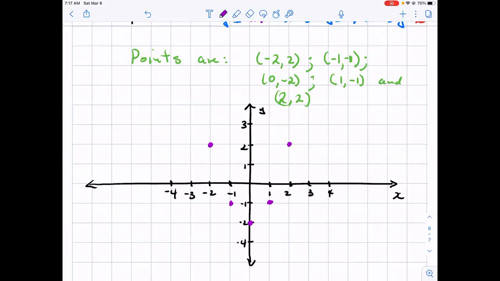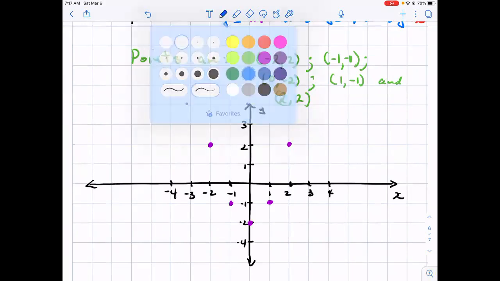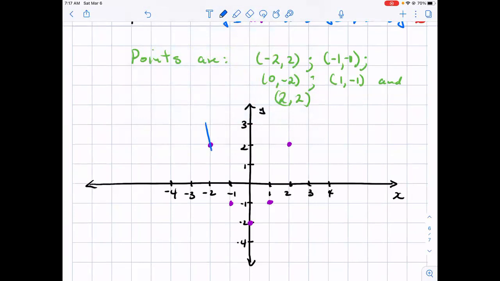Now, if you notice, there is no way that I get a straight line. And that's why we said to connect them with a smooth curve. So if I draw a smooth curve here, it looks like I'm going to get a graph that looks like that. And this here, we know, is a parabola.